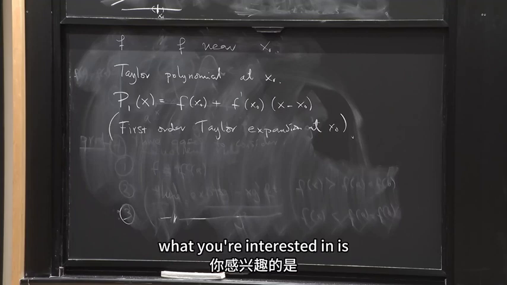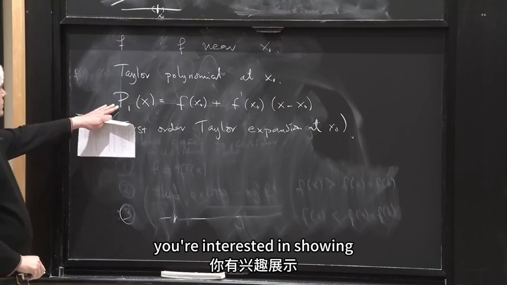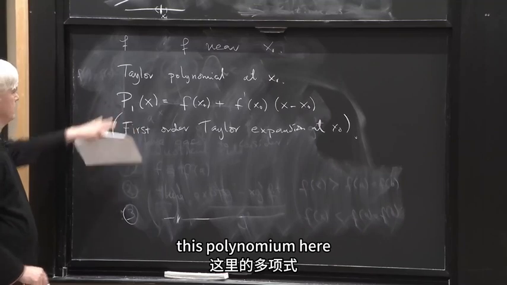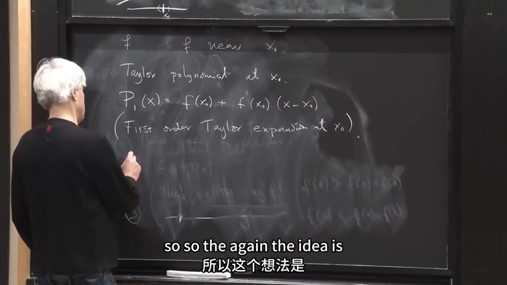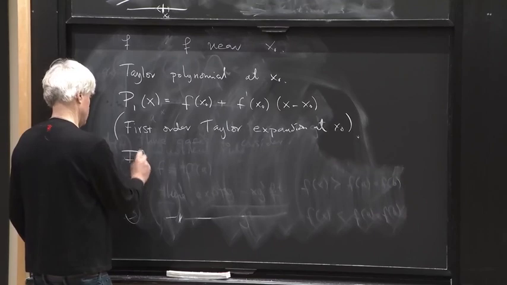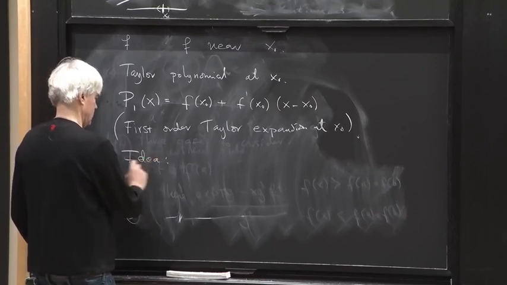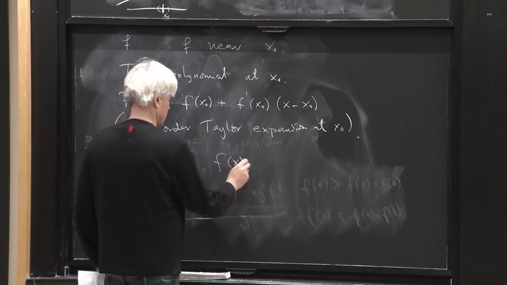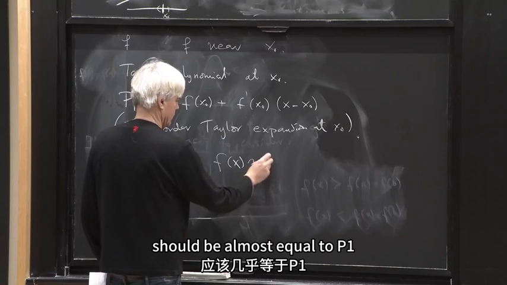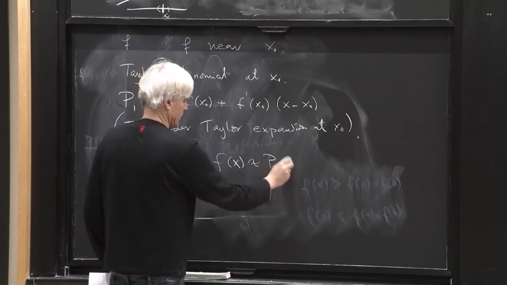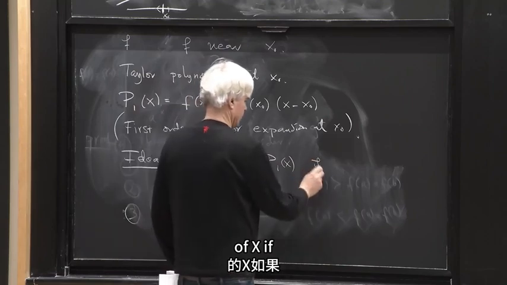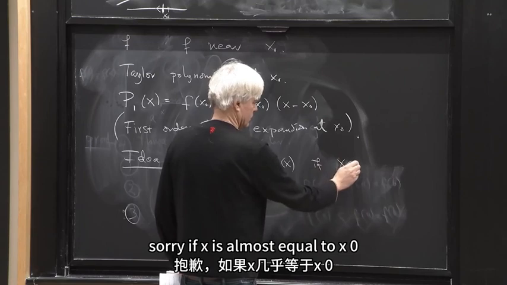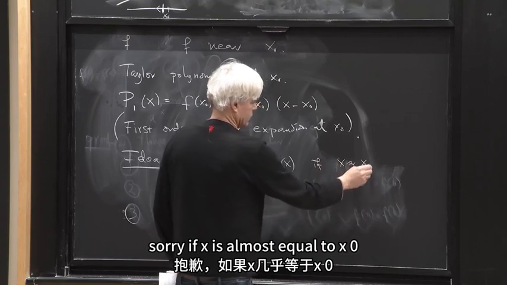Now, what you're interested in is showing that f of x should be almost equal to p1 of x if x is almost equal to x0.